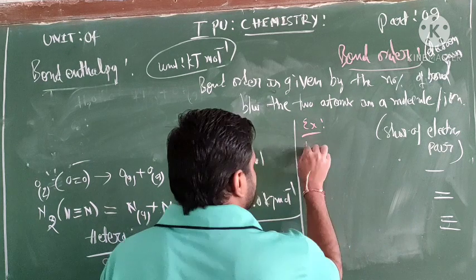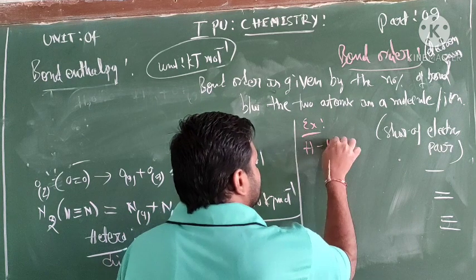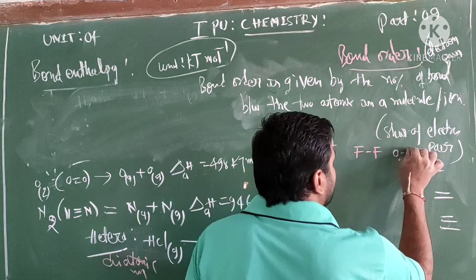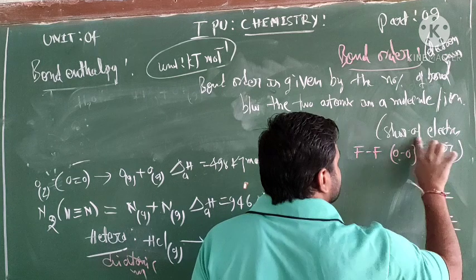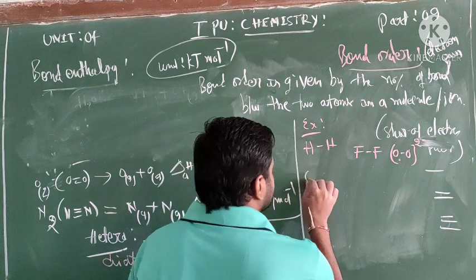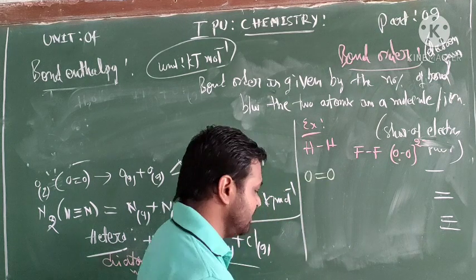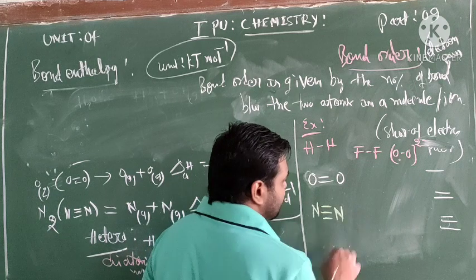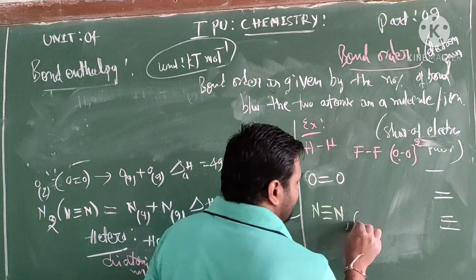Some examples, see here: HF, and O2, O2 minus. Oxygen has a double bond, and nitrogen has a triple bond.